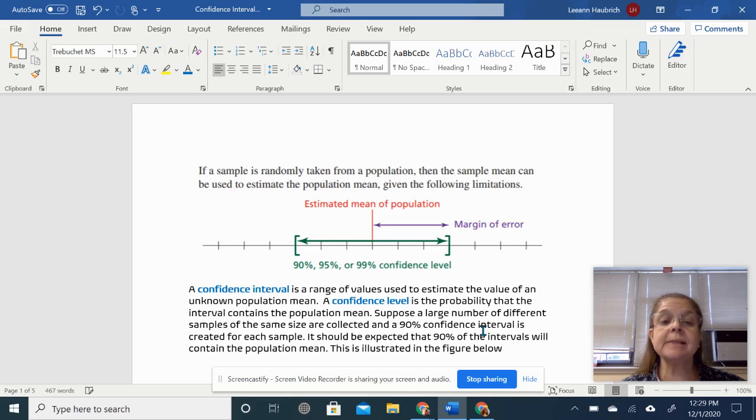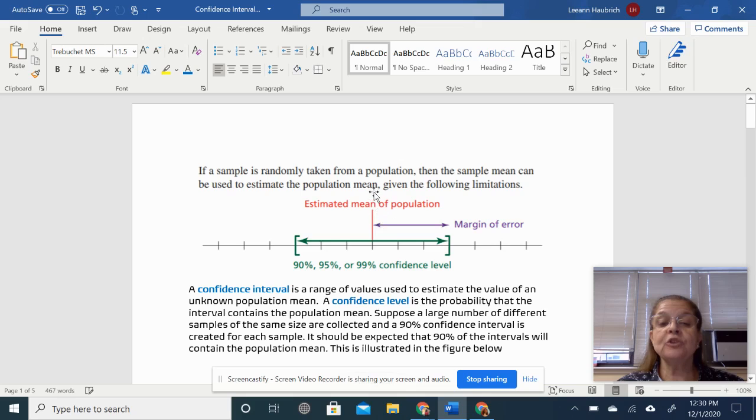And it says if a sample is randomly taken from a population, then the sample mean can be used to estimate the population mean given the following limitations. So you'll see there's a number line here. The red is the estimated population mean, the mean of the whole group.